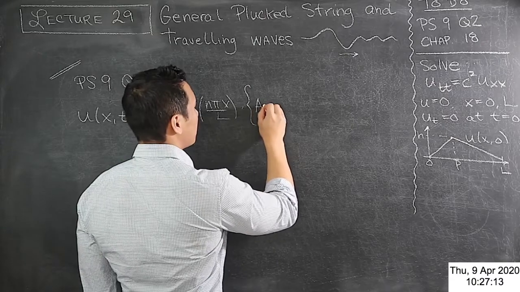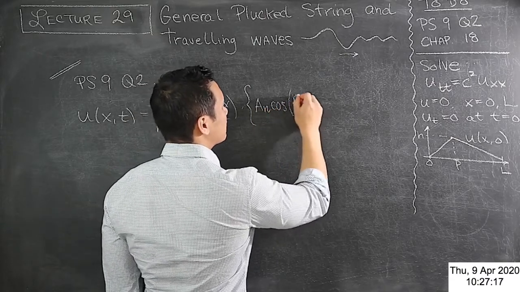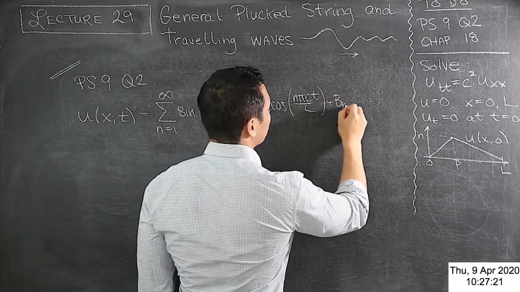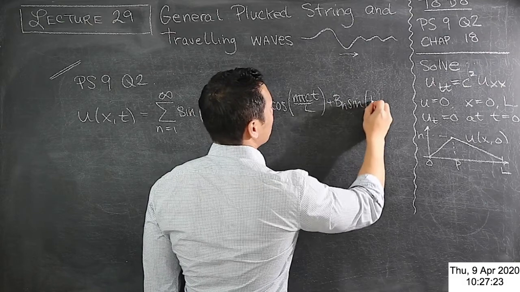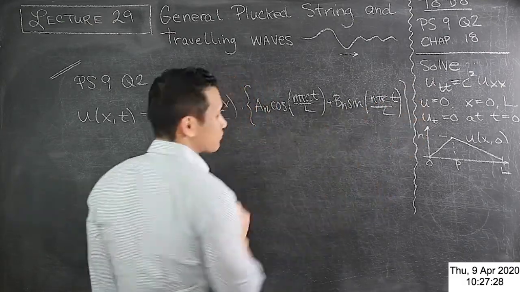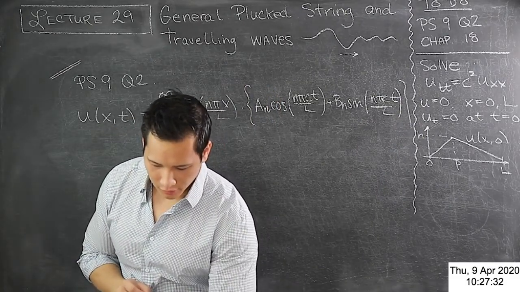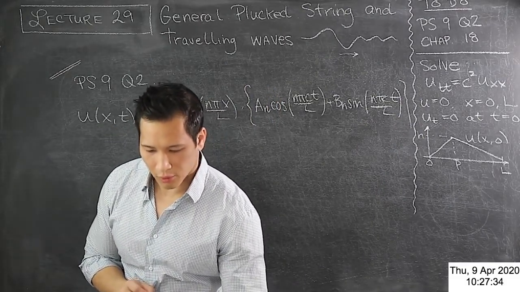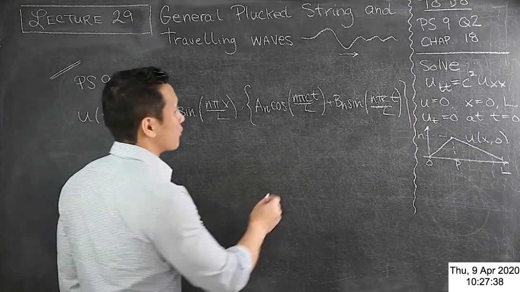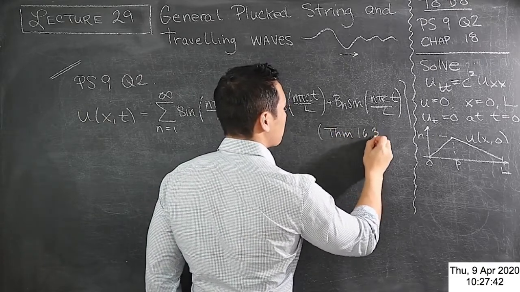You call one a_n times cosine of n pi ct over L plus b_n times sine of n pi ct over L, like that. I didn't reference where this formula is from, but it's from theorem 16.3. So if you want to refer to it, this is theorem 16.3.